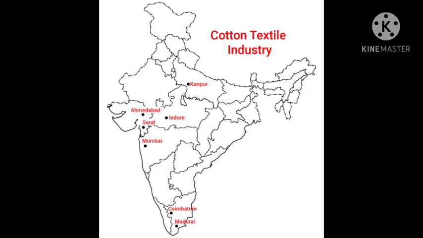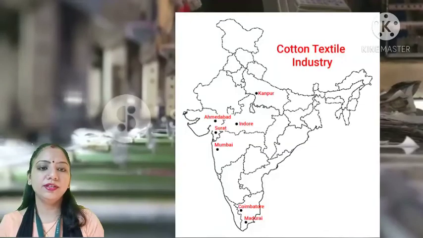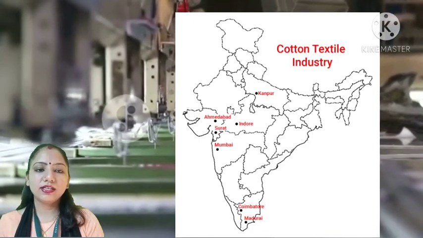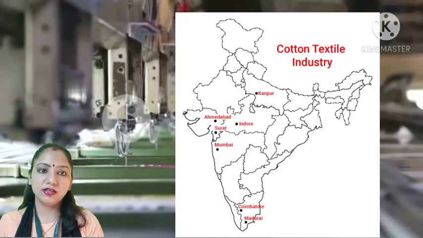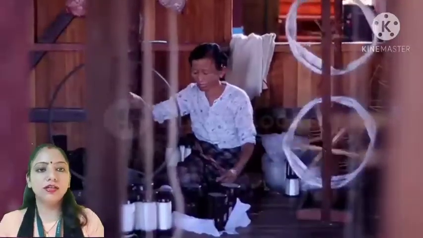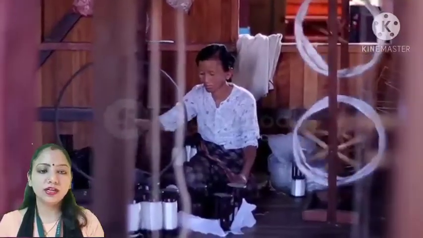But the growth was at a very slow rate as the British never wanted India to be an industrially developed country. In the mid 19th century, Indians also started a textile industry in India. In 1853, an Indian textile mill started in Ahmedabad, Gujarat.